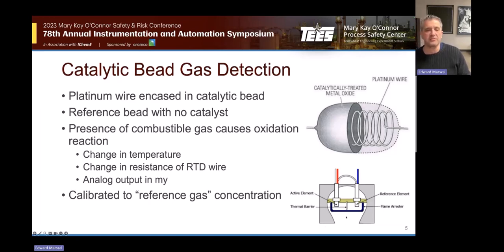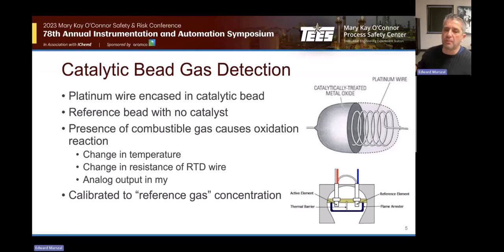When a gas comes into the detector, if it contains flammable material, then the combustion reaction is going to be catalyzed by the catalyst that's sitting on the platinum wire. So you're not creating a fire per se, but you're causing that oxidation reaction to happen very quickly without having to create a fire.